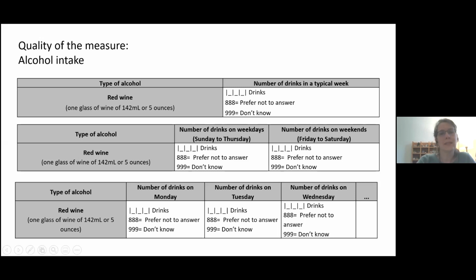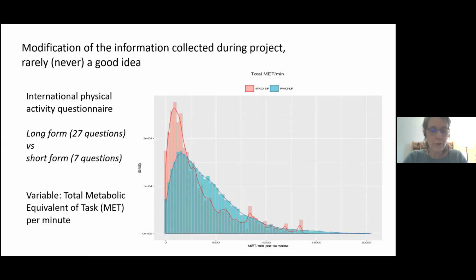A final example is a questionnaire on physical activity that was selected. It was the long form of the IPAQ, the International Physical Activity Questionnaire, that was selected and completed by the participants. But the IPAQ long form is 27 questions, and it was too long.